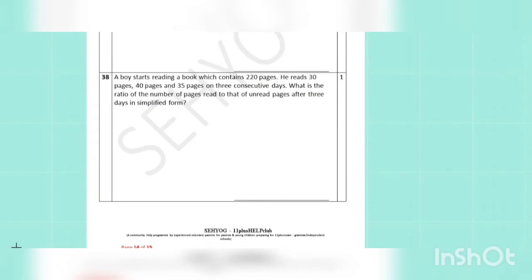In question number 38, a boy starts reading a book which contains 220 pages. He reads 30 pages, 40 pages and 35 pages on 3 days. Find the ratio of the number of pages read to that of unread pages after 3 days. So let us find out how many pages he has read. Number of pages read in 3 days is 30 plus 40 plus 35, which gives us 105 pages.